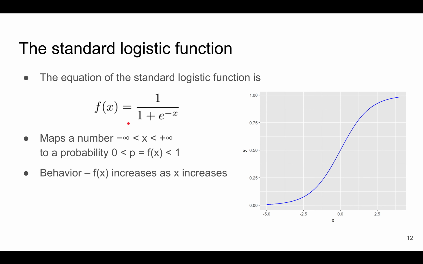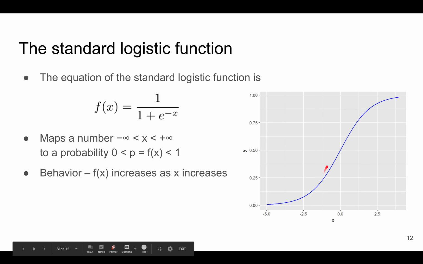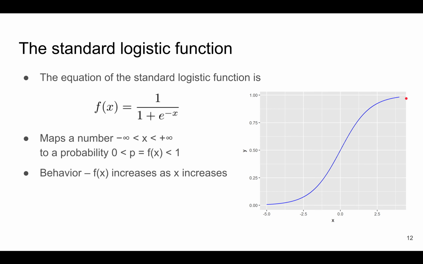The logistic function maps a number x to a probability p, which is strictly between 0 and 1. And what you notice is that as x increases, the probability increases until it gets closer and closer to 1. And as x decreases, the probability keeps on decreasing until it gets closer and closer to 0.